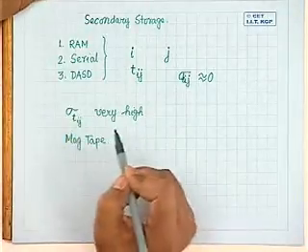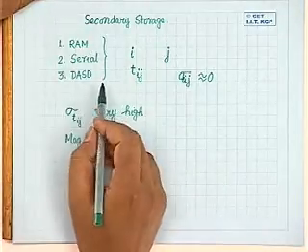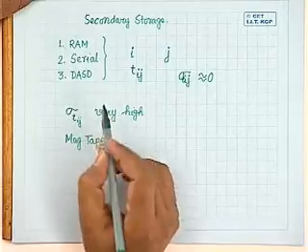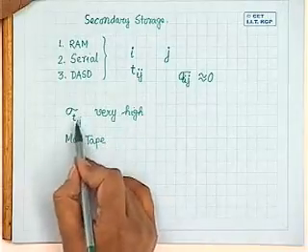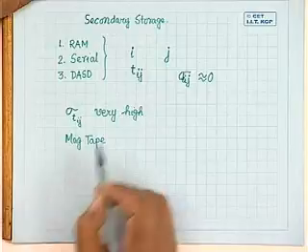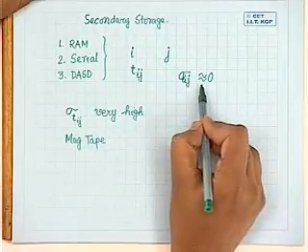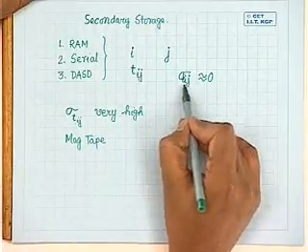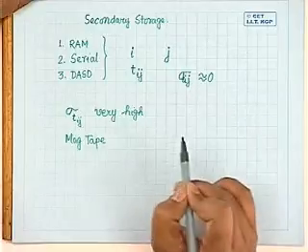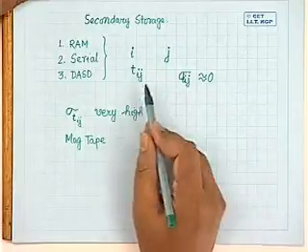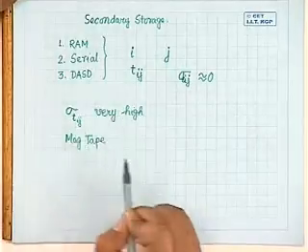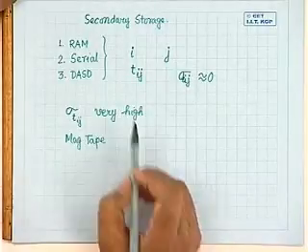And the third category of storage device, that is DASD or direct access storage device, is where the variance in Tij lies in between. It is not as low as in case of RAM, where sigma Tij is nearly 0, and also it is not as high as in case of serial storage device. Okay.